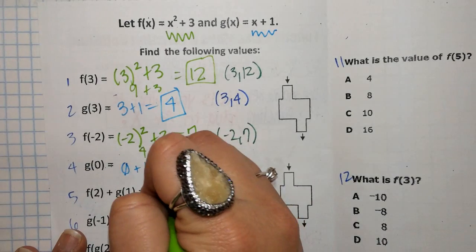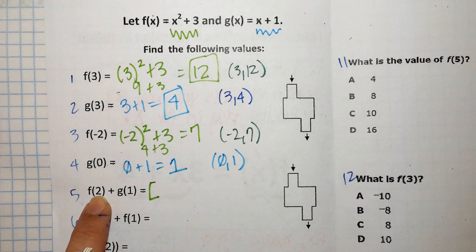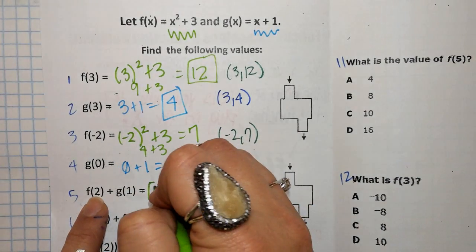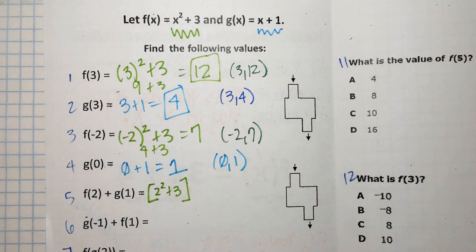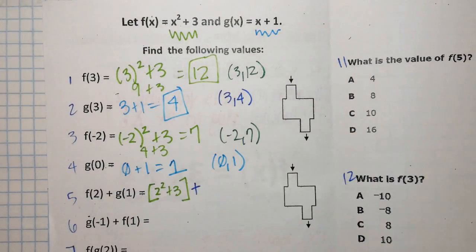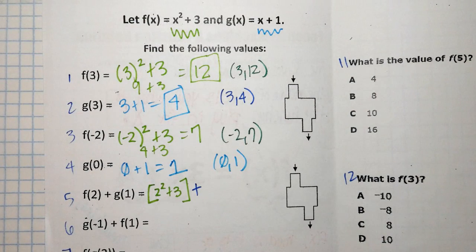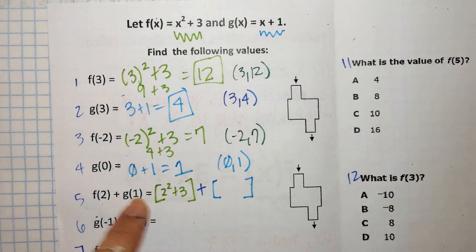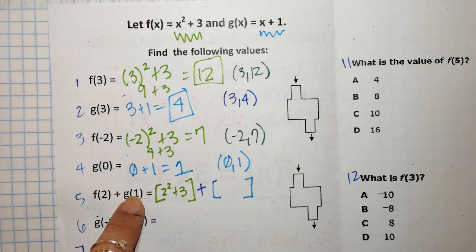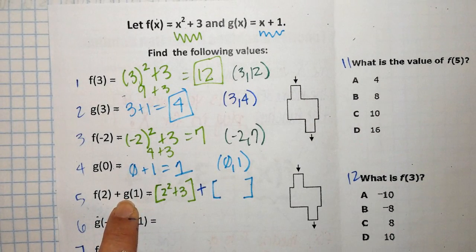All right, so my F at 2, how would I write that? I'm going to write it in brackets. 2 squared plus 3, and then close your brackets. Put a plus sign in between them. Now, I'm plugging in this one. Am I going to plug it in for G or for F?